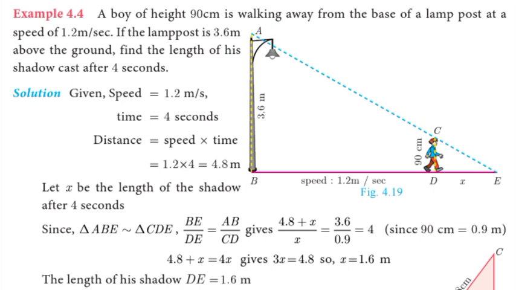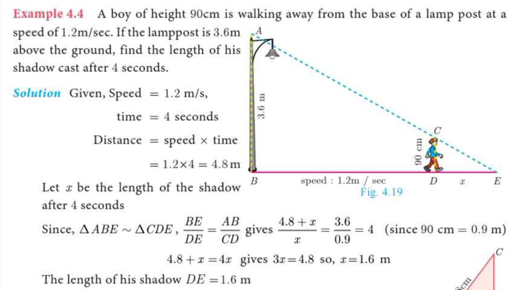Therefore x equal to 4.8 divided by 3. 1 3s are 3, 6 3s are 18. Therefore x equal to 1.6 meter. The x means that is DE. Therefore the length of his shadow DE equal to 1.6 meter. Can you understand? Very simple.